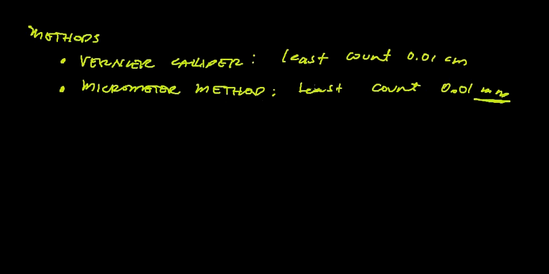Imagine what kind of AB material that is, with a least count of 0.01 mm. Maybe a very small particle. If we compare these two, the micrometer can measure a smaller particle than the vernier.